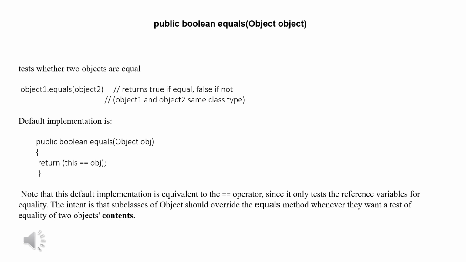You also can implement this method another way: public boolean equals, then return this == object. This implementation is actually equivalent to the equals operator, because it only tests the reference variables for equality.